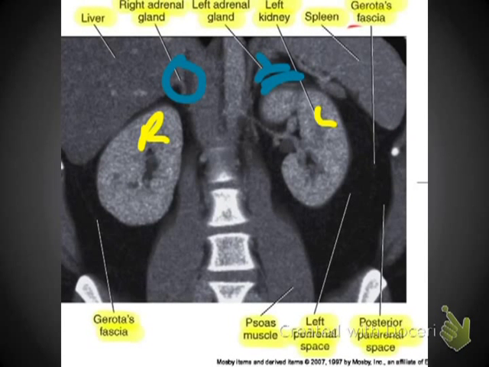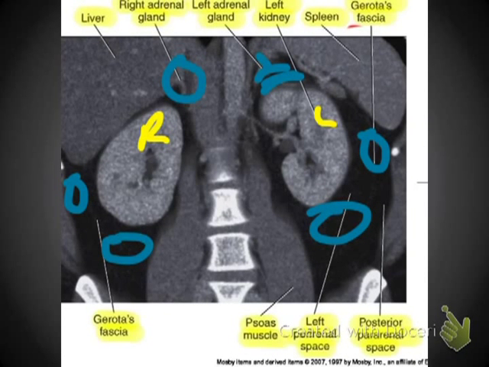We have left and right perirenal spaces. We have the posterior perirenal space being this area here. And that's pretty much it that we have for this image.